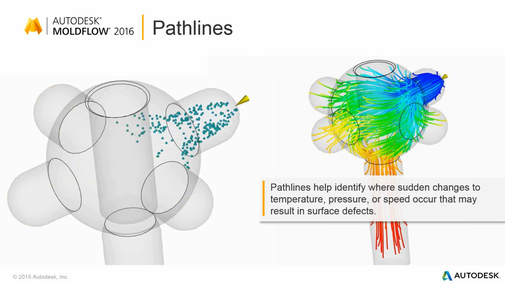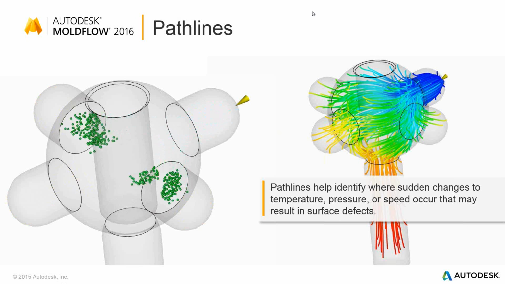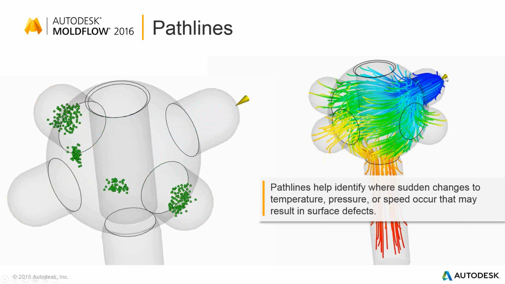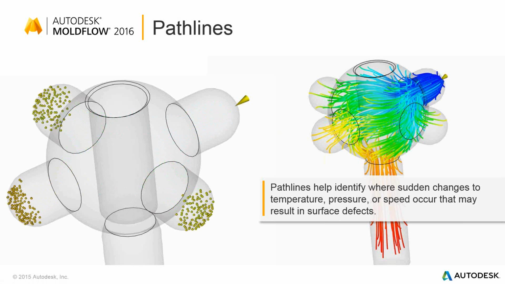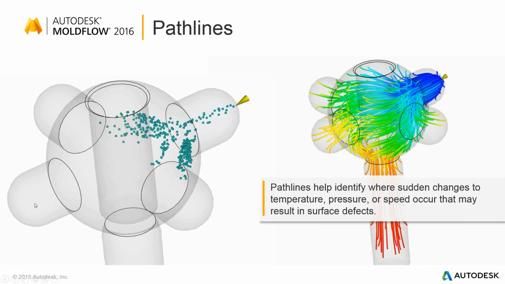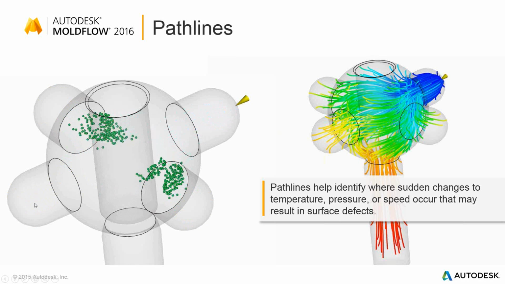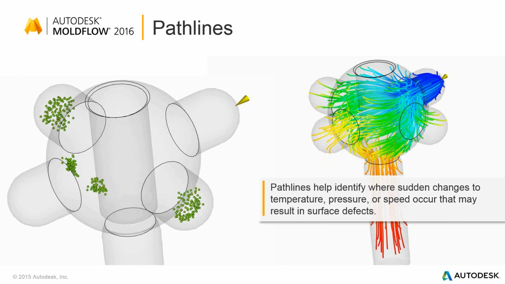Another way you can use this particular result is, on the right side of the screen, we show all the markers, how they come into the cavity. But another way, and this is how we did it on the left side of the screen, is we marked off certain areas on the surface of the part and isolated where those particles on that surface came from.